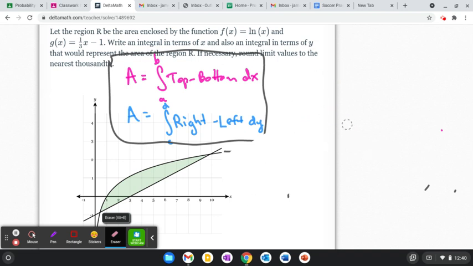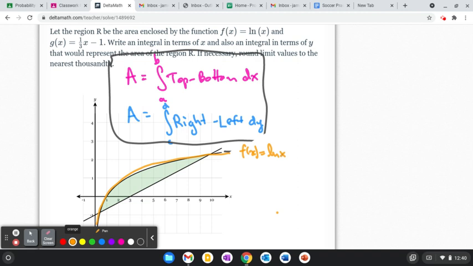All right. So let's first look at it the way that we're most comfortable with, and that is the top function minus the bottom function. So our top function here is this one, and that is the natural log of x. f of x equals the natural log of x. And just while we're talking about this, remember that f of x is the same thing as saying y.